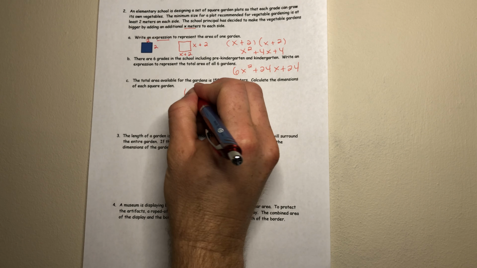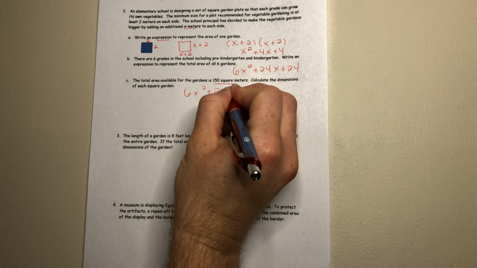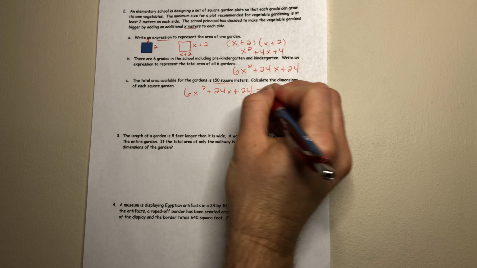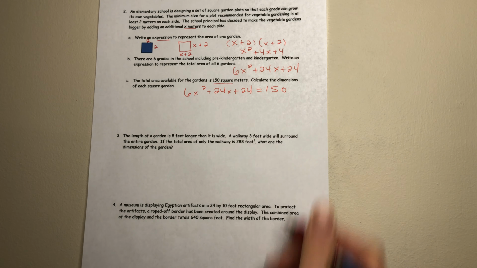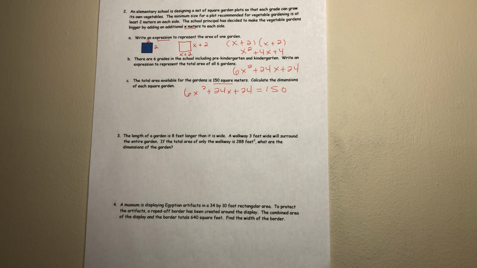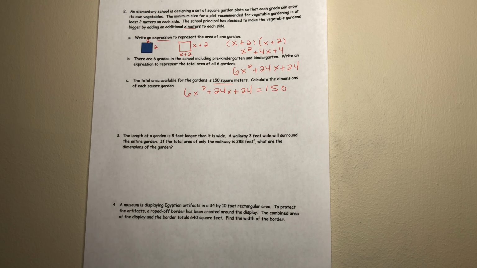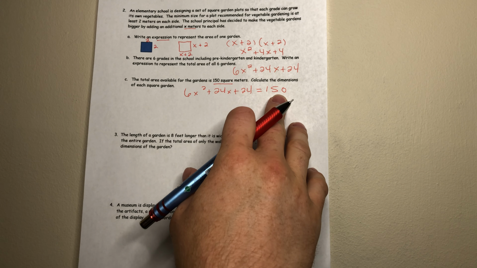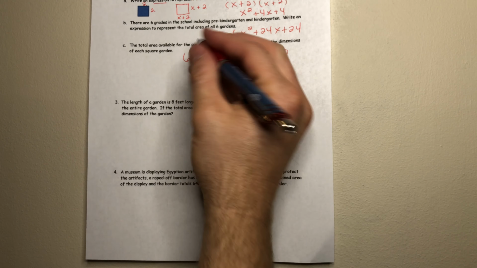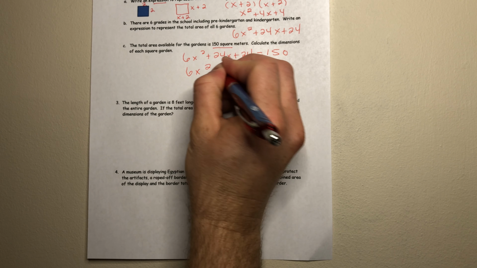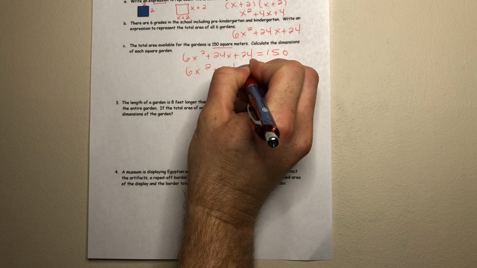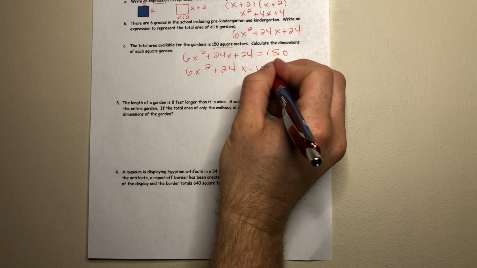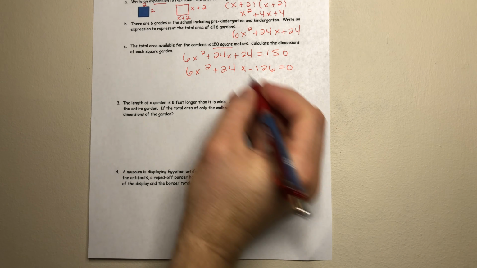So I'm going to say that 6x squared plus 24x plus 24 must equal 150. Now we are going to subtract this 150 to the other side, and we are going to get 6x squared plus 24x minus 126 equals 0.